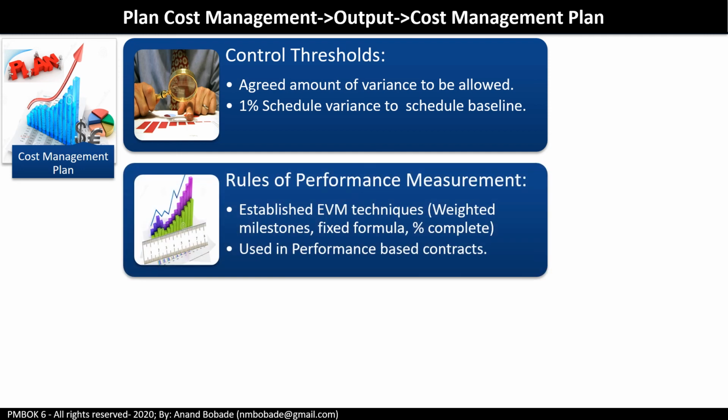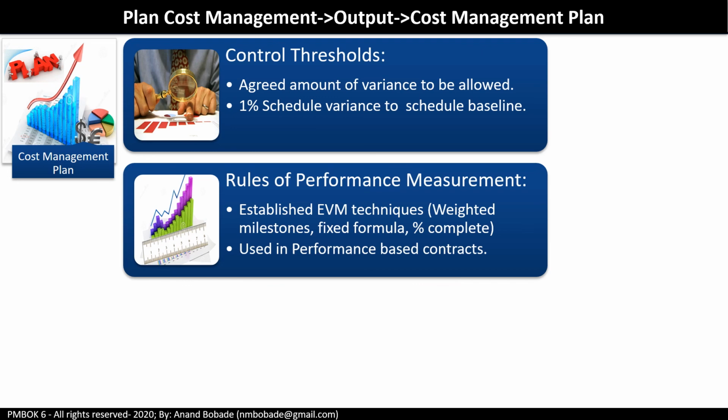Rules for performance measurement. How many times as a project manager have you faced a situation where you think the project is performing well in terms of cost and schedule, but your project management office or project sponsor thinks differently? Earned value management, or EVM, is a tool used in monitoring the performance of a project, including whether it is ahead or behind schedule.